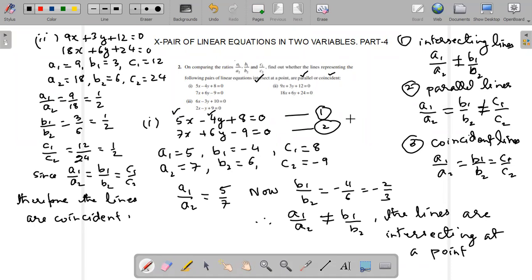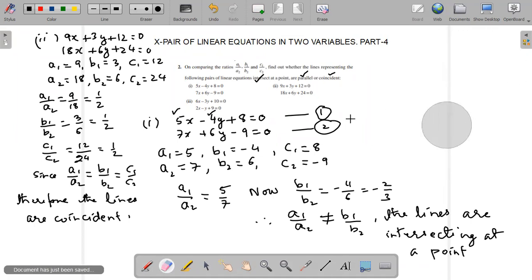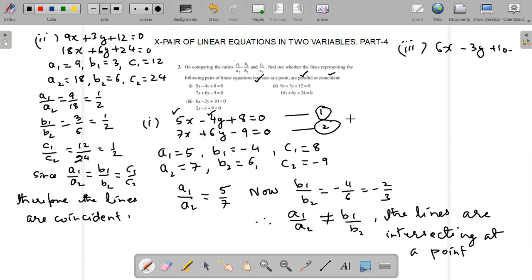And the last one is third question. 6x minus 3y plus 10 is equal to 0.